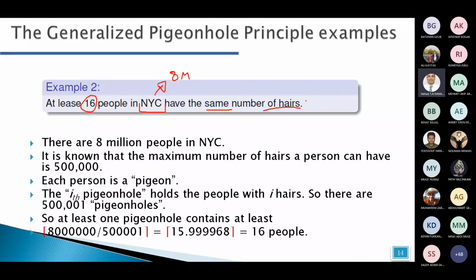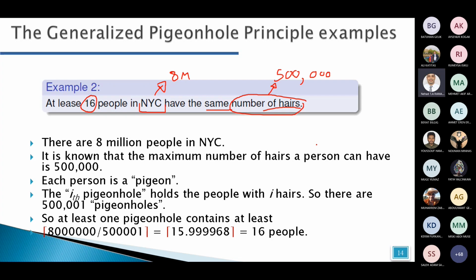And we speak about the number of hairs. The maximum number of hairs for a person could be 500,000.